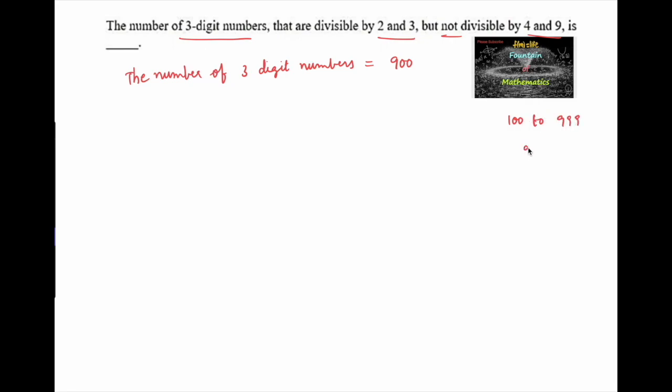So we need to find the number of 3-digit numbers which are divisible by 2 and 3 but not divisible by 4 and 9. So the number of 3-digit numbers is 900, because from 100 to 999, so 999 minus 100 plus 1.